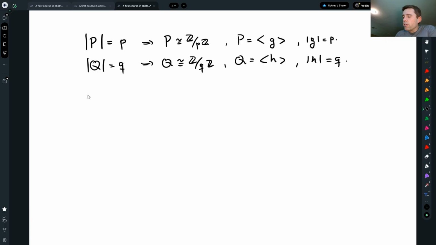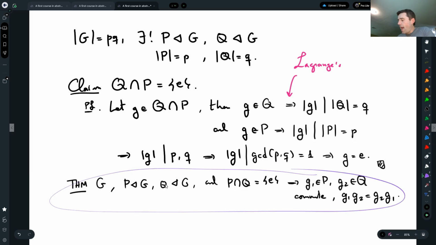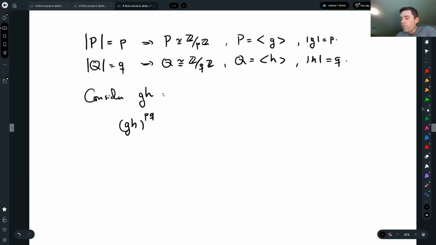So what is the order of gh? Notice that (gh)^pq, since g is in P and h is in Q, they commute by my favorite theorem, and therefore (gh)^pq is the same as g^pq times h^pq. Here I'm using that g and h commute. That's very important. That's not true in general.